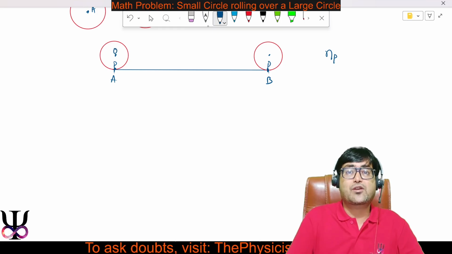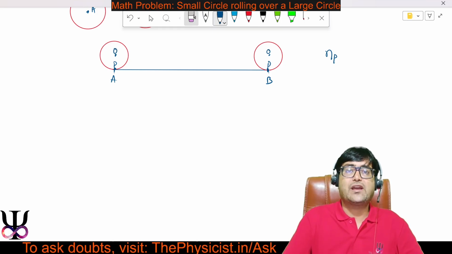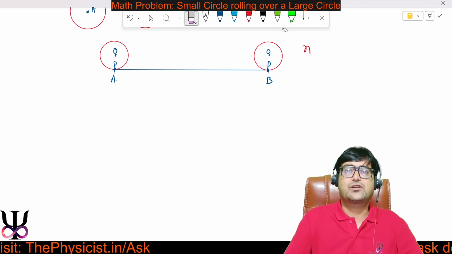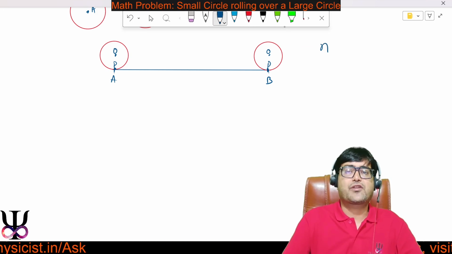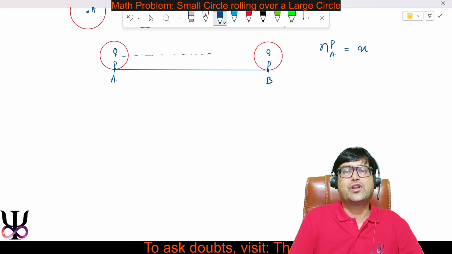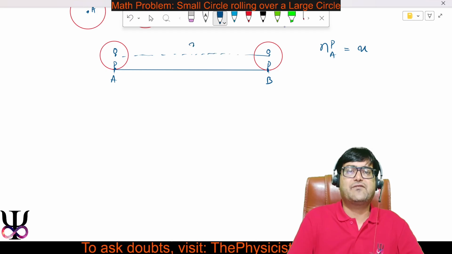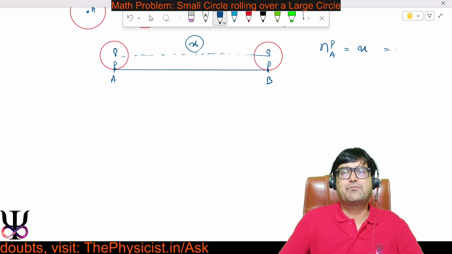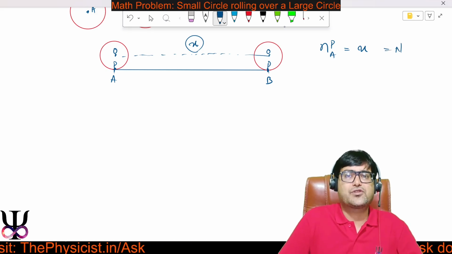Relative to the center O. Number of revolutions of P around A, let's suppose that is x. So while rolling over the AB straight line, if it does x revolutions, then that is going to be n, the total number of revolutions.